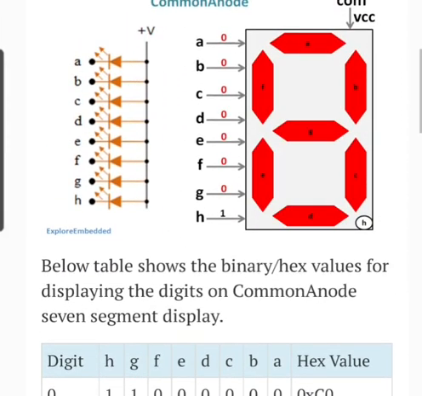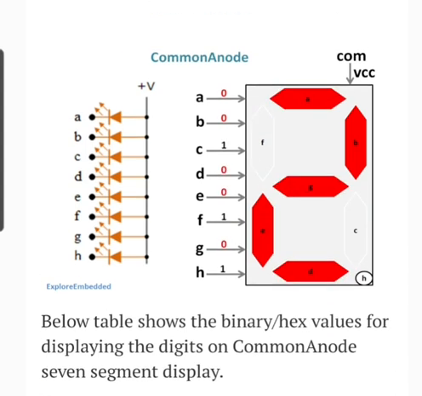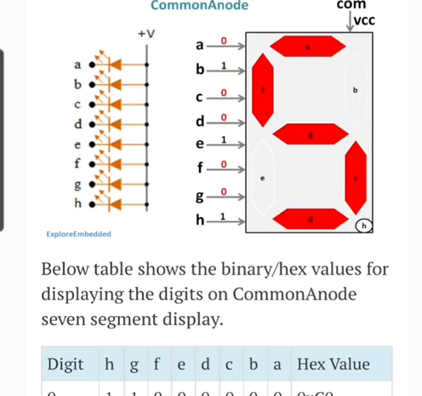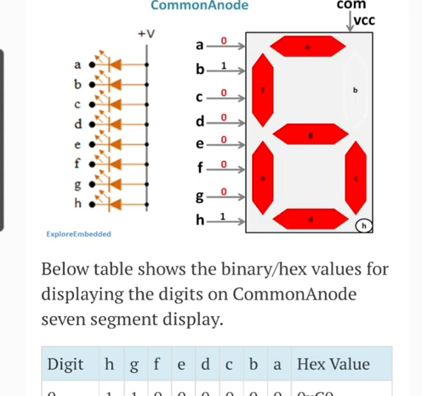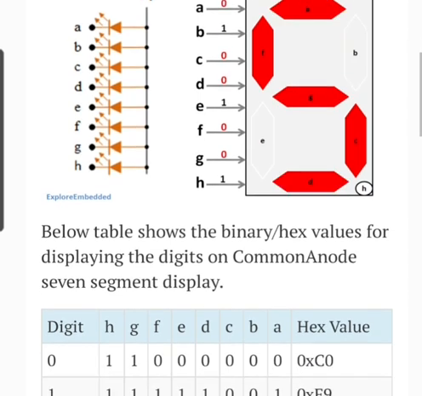Now this is the diagram. Common anode means the anode is given a common plus 5 volt, or we can say a high voltage. The table shown here gives the binary or hex values for displaying the digits on a common anode 7 segment display.